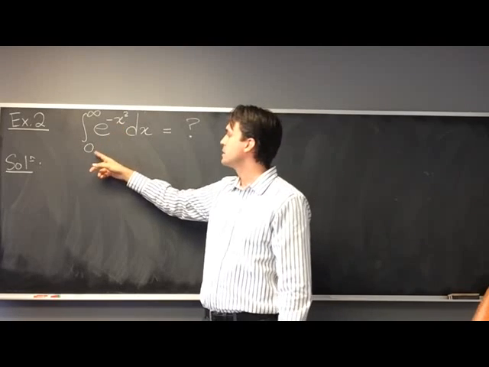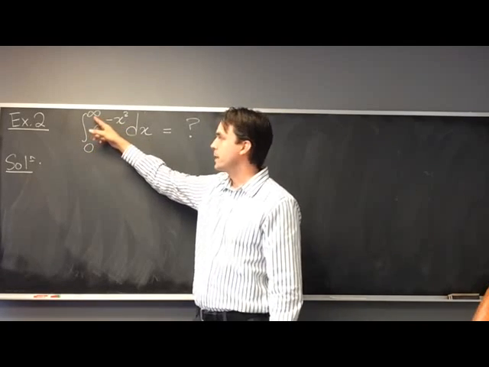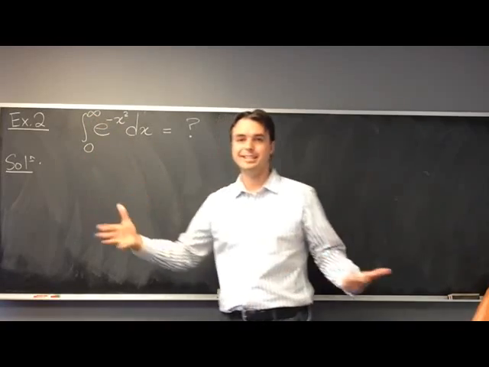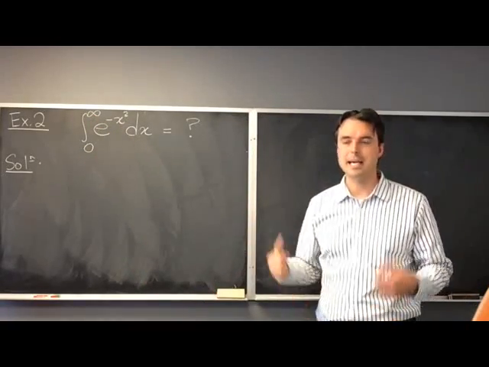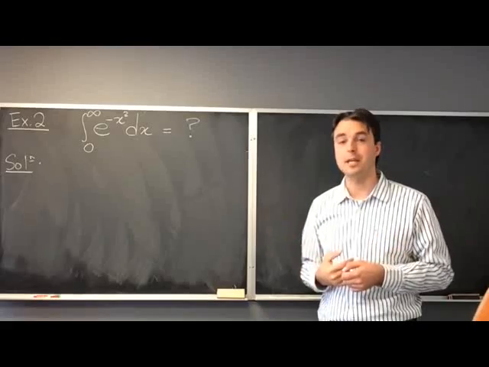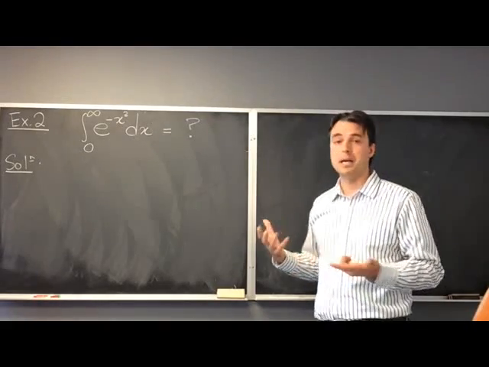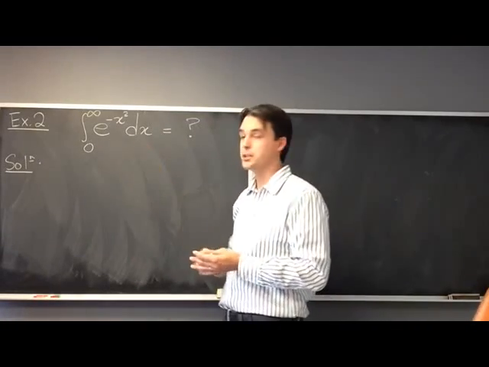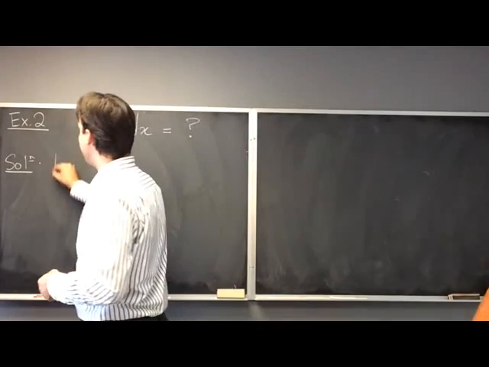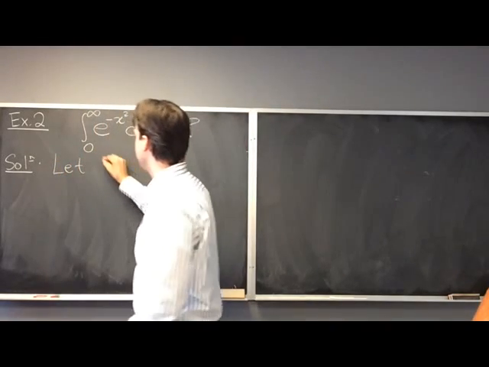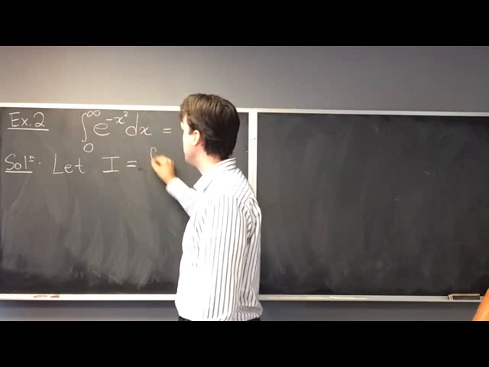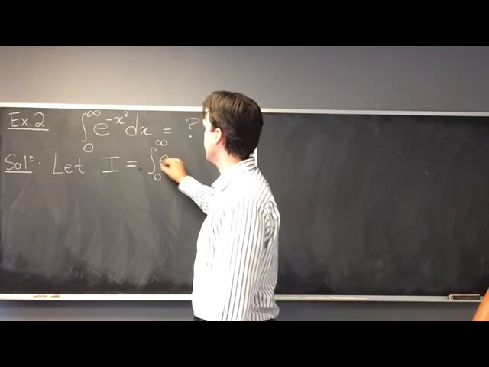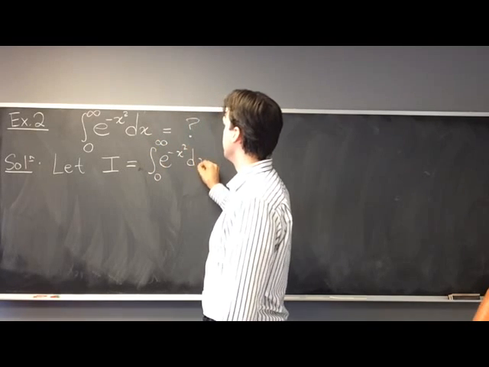And there's no problem between 0 and 1, so what we're really worried about is, as you go to infinity, is this thing going to converge? But it's less than e to the minus x, whose integral you could easily work out, and so by the comparison test, this one's also convergent. So we're going to let that number be I. So I equals the integral from 0 to infinity of e to the minus x squared dx.